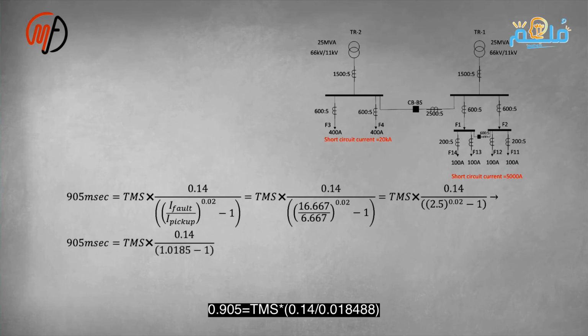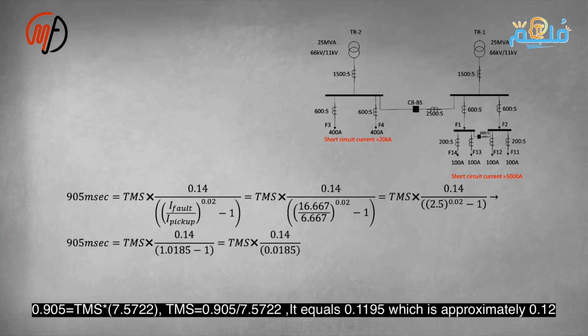So 0.905 equals TMS times 7.5722, which means the value of TMS is 0.905 divided by 7.5722, giving us 0.1195, which is approximately 0.12. The new trip time at the new TMS after rounding to 0.12 is 0.908 s or 908 ms.